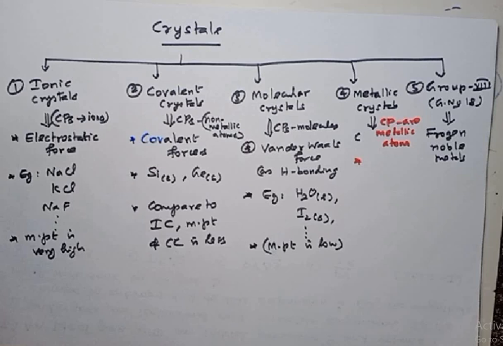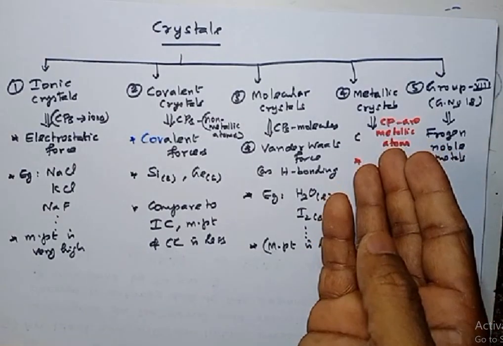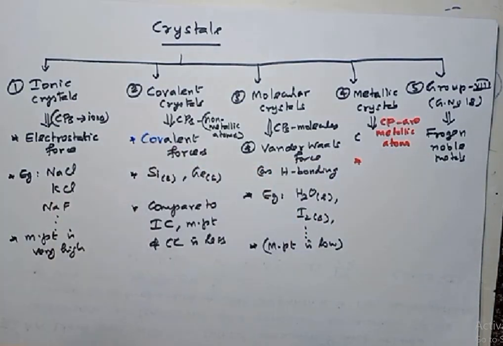When they release electrons, the atom becomes an ion, and the released electrons, called free electrons, move freely throughout the crystal. Between the metal cations and the free electrons there is a very strong attraction. That's the reason why some metals have a melting point even greater than ionic crystals. It's very important.